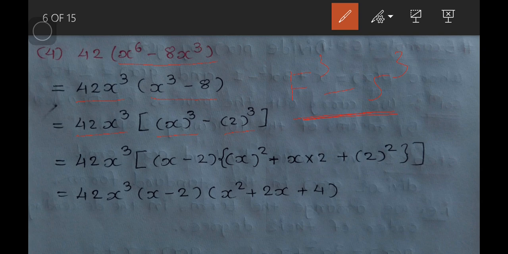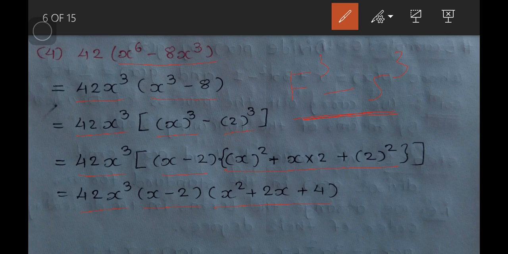So it is equal to 42x cube, in a bracket x minus 2 and in another bracket x square plus x into 2 plus 2 square, which is equal to 42x cube into (x minus 2) into (x square plus 2x plus 4).